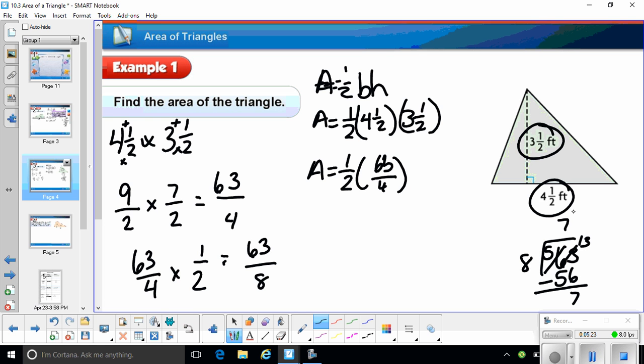My remainder becomes my numerator, and then my denominator is the number I'm dividing by. And so my final answer in this case would be 7 7/8. I see my unit is feet, and since I'm looking for area, it's going to be squared.